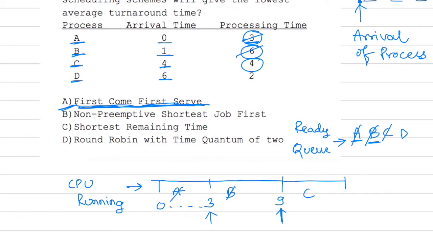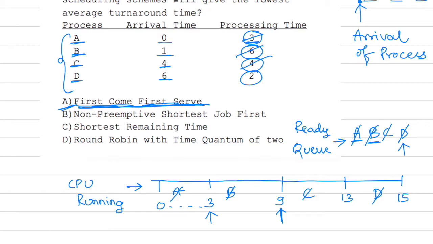So from 9 to 13, C will keep on running and then C goes out of the system. And finally, if you look at the ready queue, we have D. So D gets picked up, it has no competition, and D will run. What is the processing time of D? It's 2 seconds. So D will run for the next 2 seconds from 13 till 15, and then D will go out of the system. So thus we have implemented first come first serve for all these 4 processes A, B, C, D.